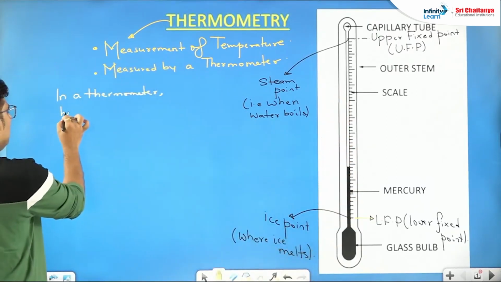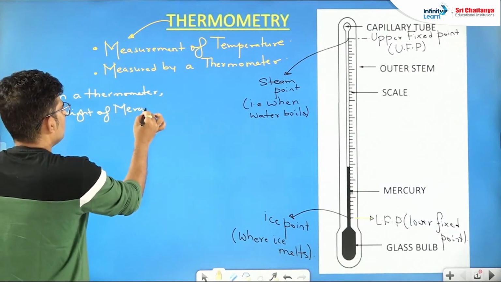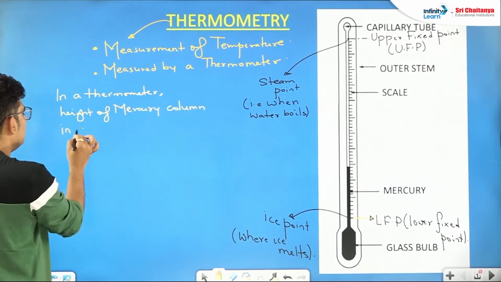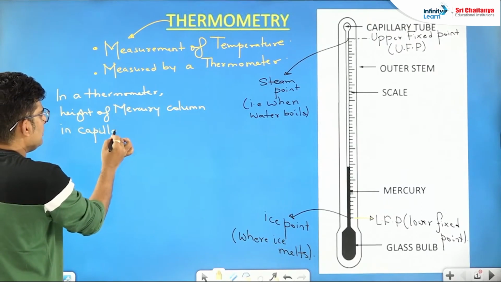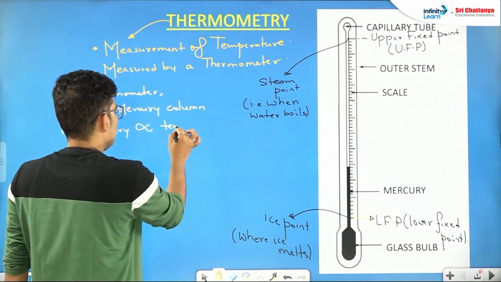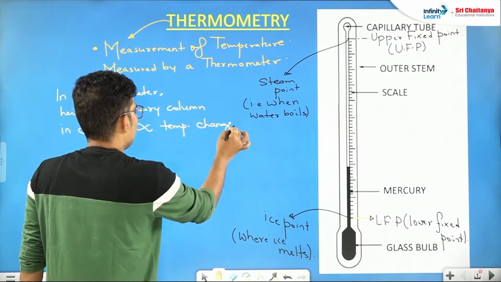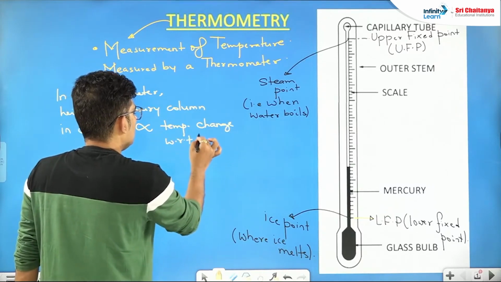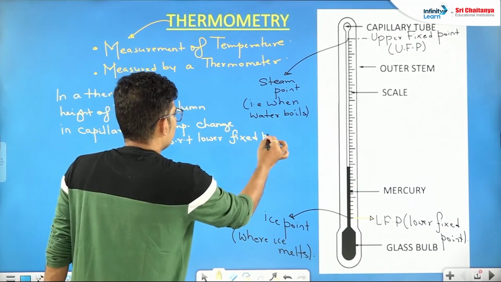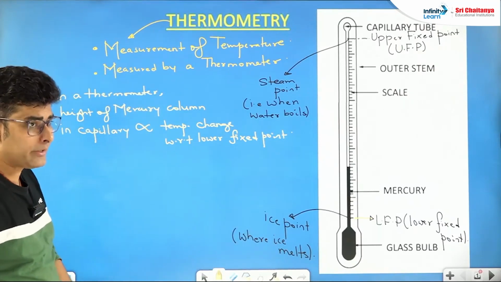So the height of the mercury column in the capillary tube, the thin tube you can see, is directly proportional to the temperature change with respect to the lower fixed point.